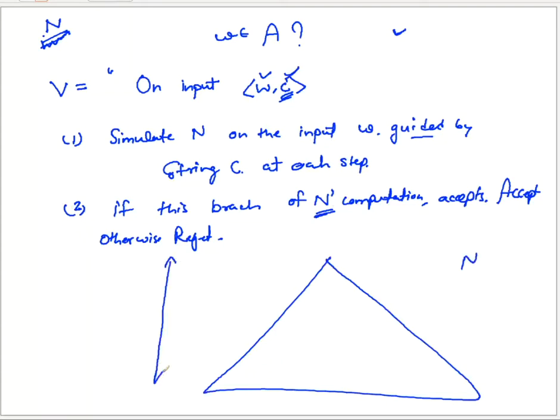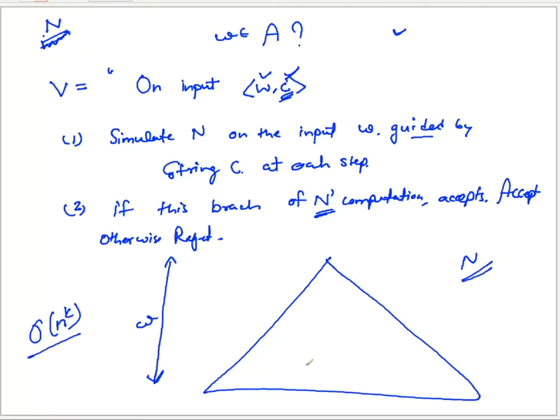On W, this is the computation tree that you are running in, suppose, order of n to the power k steps, and you are deciding whether to accept W or not on the machine N.